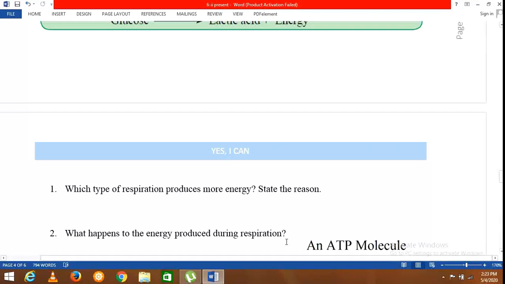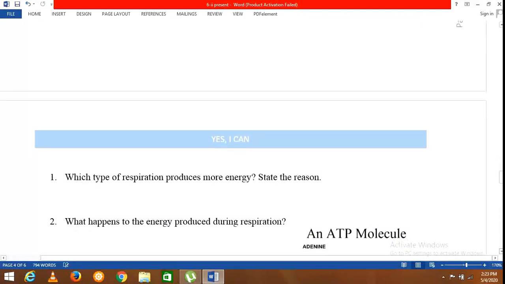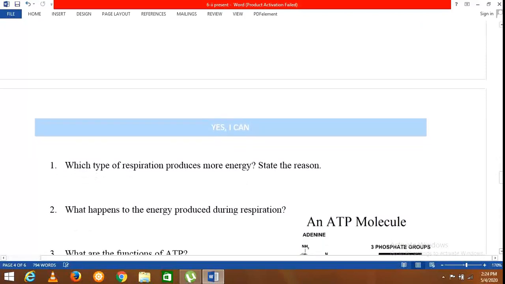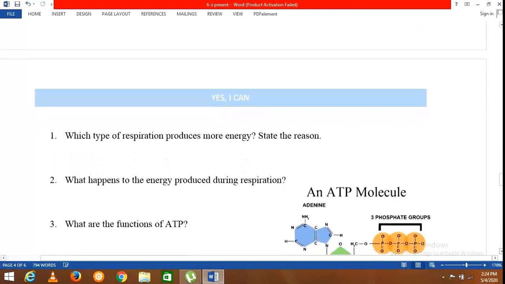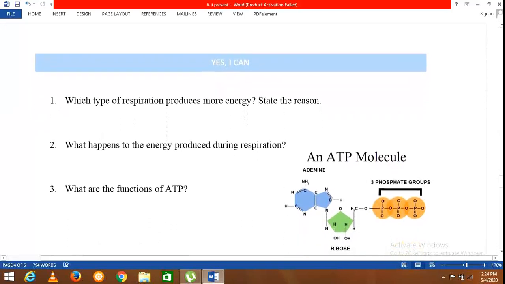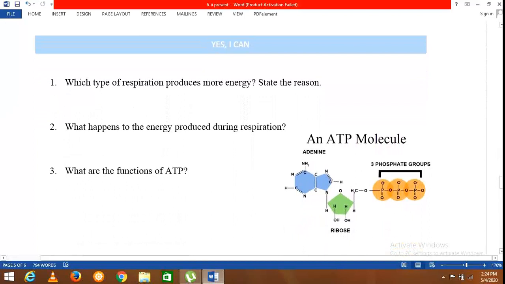Therefore, aerobic respiration releases more energy than anaerobic respiration. Then you are asked what happens to the energy produced during respiration. A part of this energy is lost as heat and the rest of the amount is deposited in ATP, which is known as adenosine triphosphate.